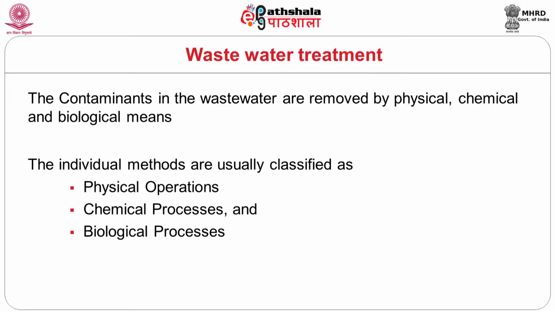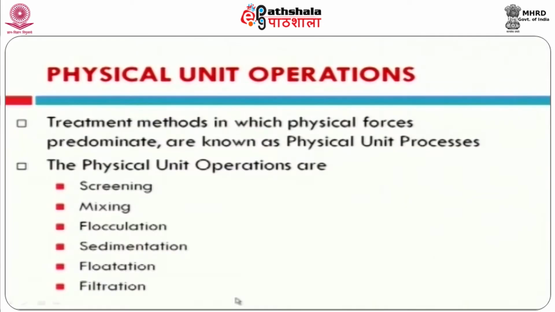If you investigate the characteristics of organic matter, 25% of the organic content is carbohydrate, 65% proteins and 10% fats. In order to remove these contaminants from the aqueous phase, we have to adopt unit operations as well as unit processes. As far as domestic wastewater treatment is concerned, we have to adopt a set of unit operations and unit processes in a sequential manner. They are categorized as physical operations, chemical processes and biological processes.